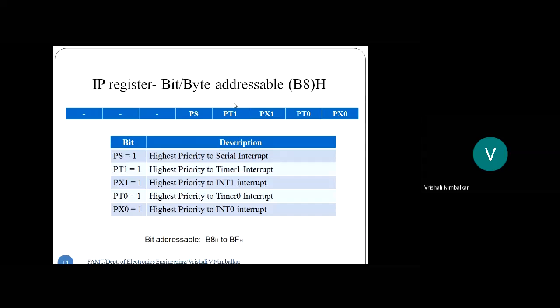Now, what if you set more than one? So for example, PS is set, serial communication priority is set, and as well as timer 1 priority is set. I hope you are understanding what I meant to say. Let me show it to you.